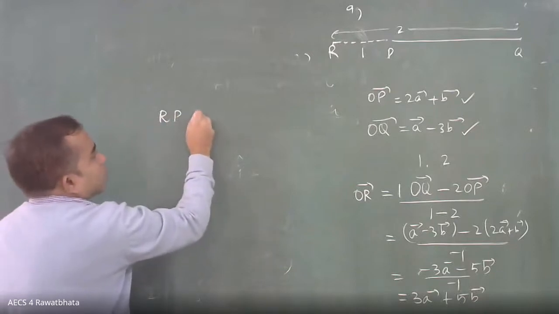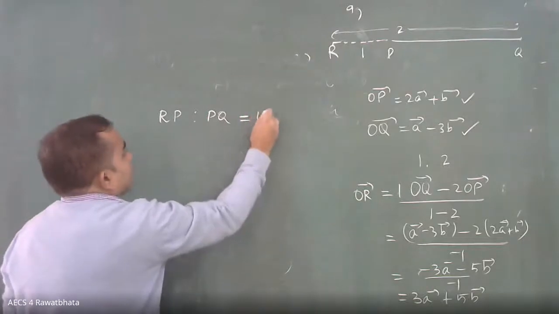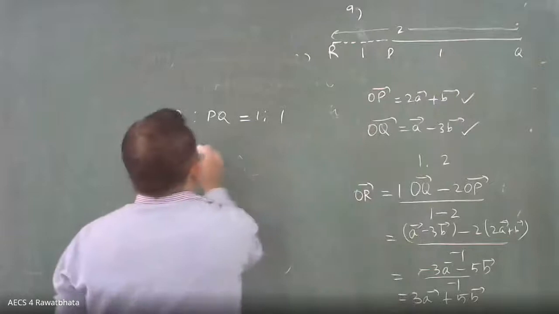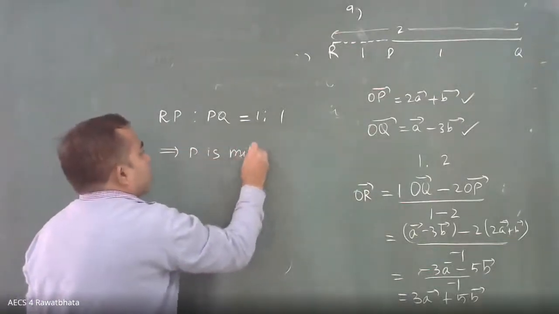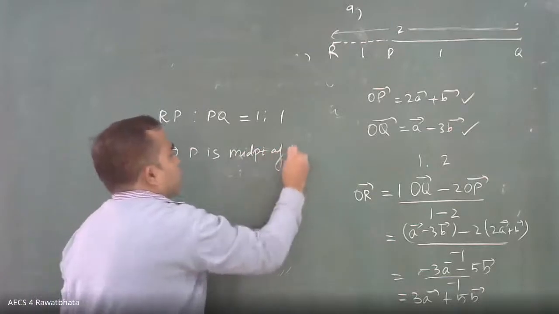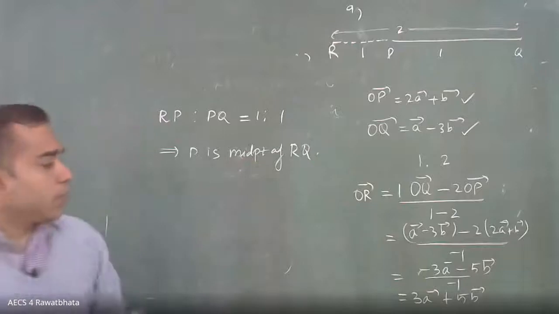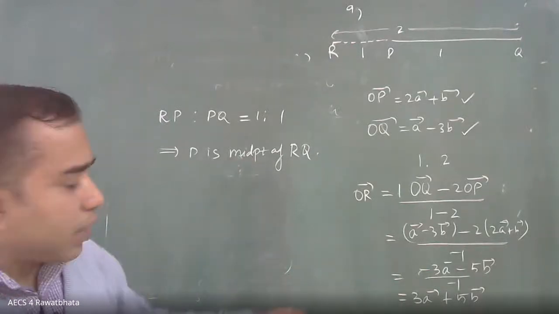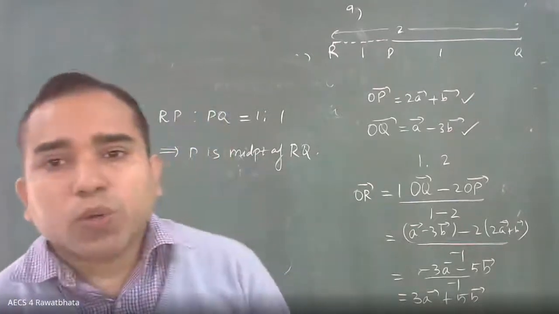RP to PQ will become 1:1. If this is 1 unit and this is 2 units, this will be 1:1. So obviously P is the midpoint of RQ. Obvious. You can simply write 2 lines. This answer you can check. Is this right, Chidesh? Can you check the answer? Is this 3A plus 5B? Right. Correct. So this was question 9.